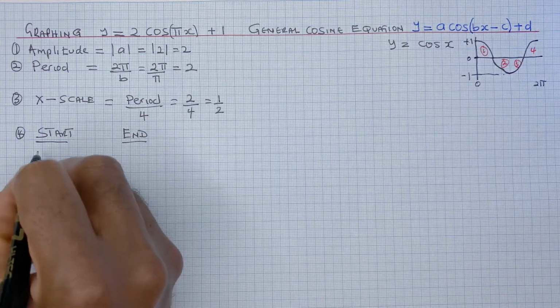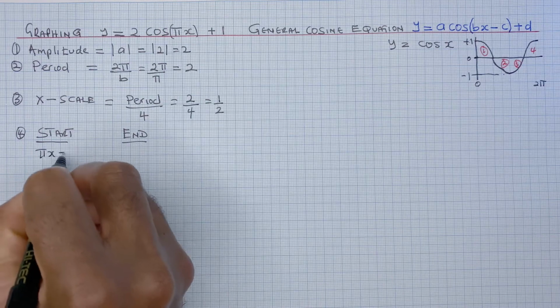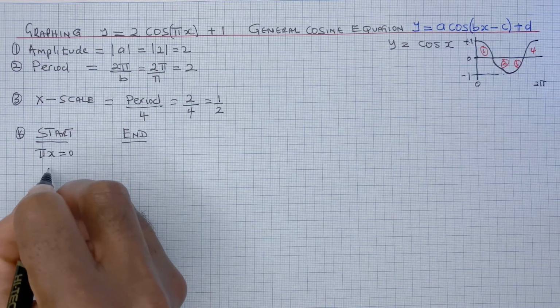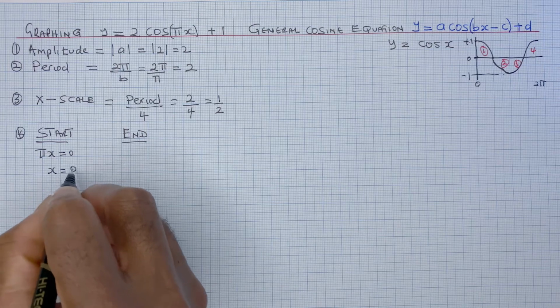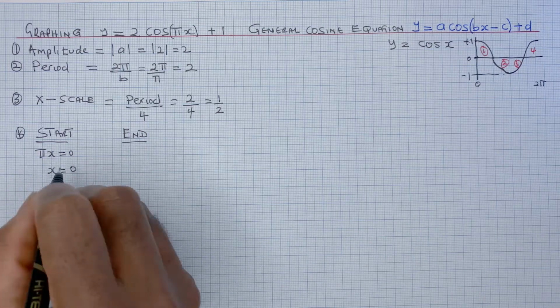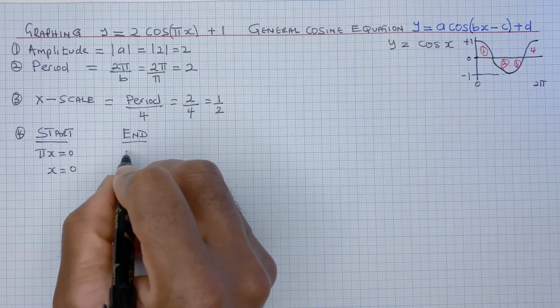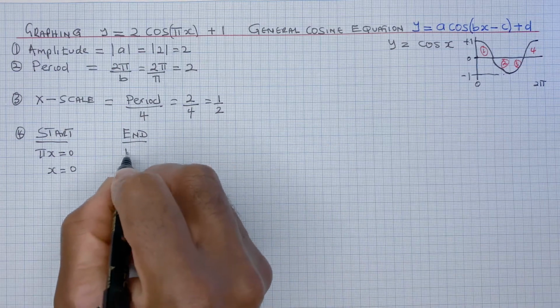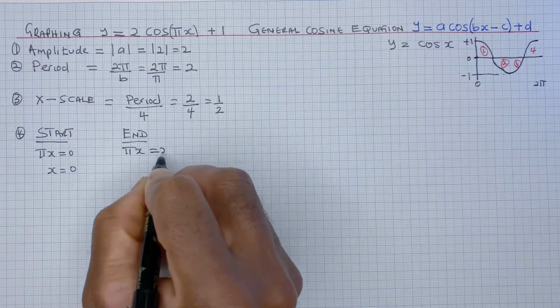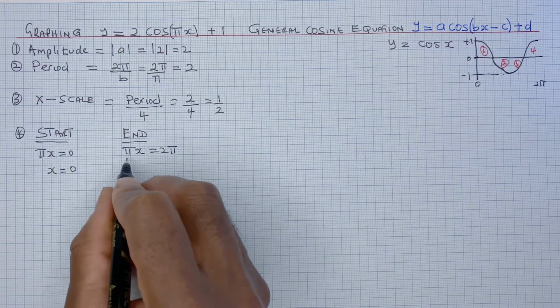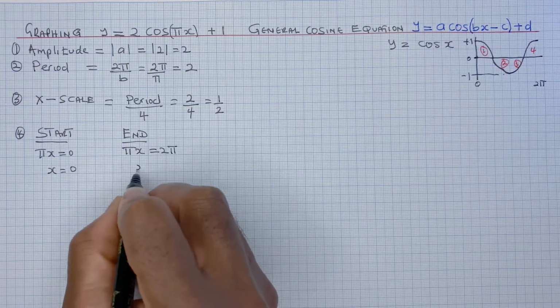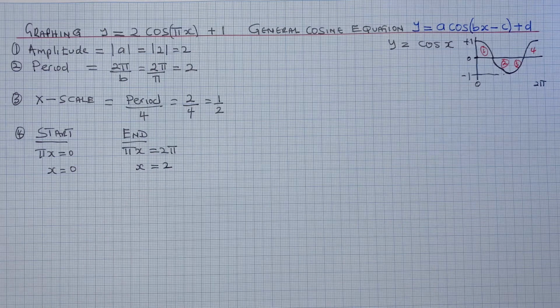So we set pi x to 0, and therefore x equals 0, because if we divide both sides by pi, x would still be 0. For the end of the period, we set pi x equals 2 pi. So if we divide both sides by pi, x equals 2.